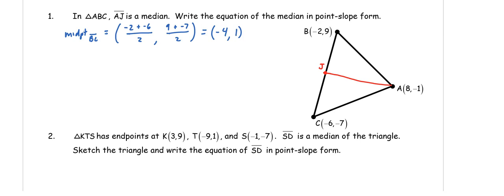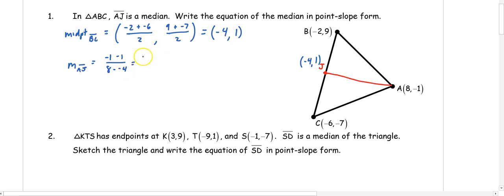The next thing I need to find is the slope of my median. So I need to find the slope of AJ. Well, I now know that J is (-4, 1). So I'm going to use that coordinate and A to find the slope of AJ. So when I find the slope of AJ, I have y2 minus y1 over x2 minus x1, which gives me -2 over 12, which reduces to -1/6.